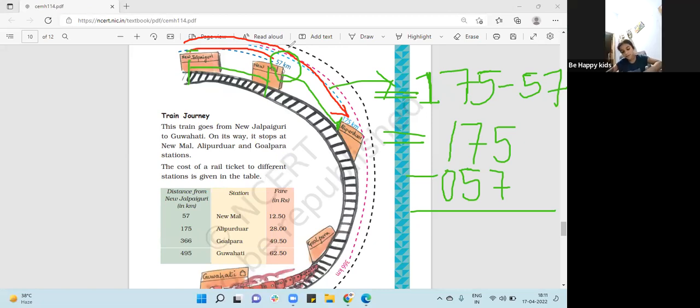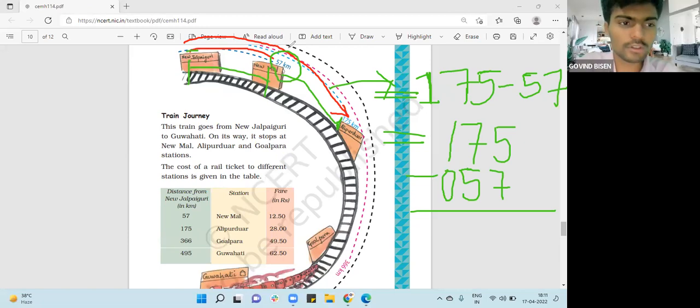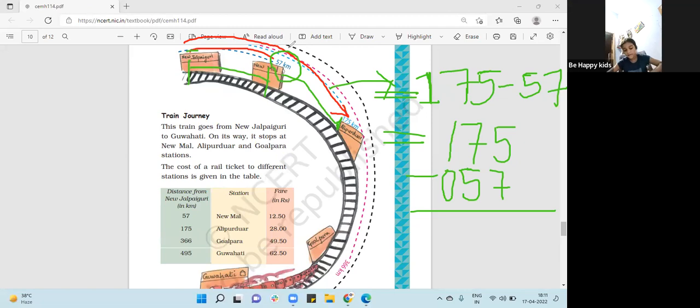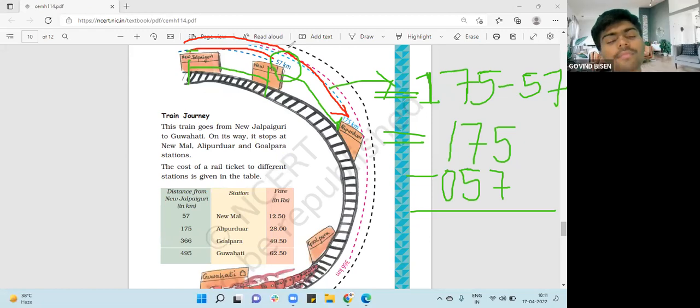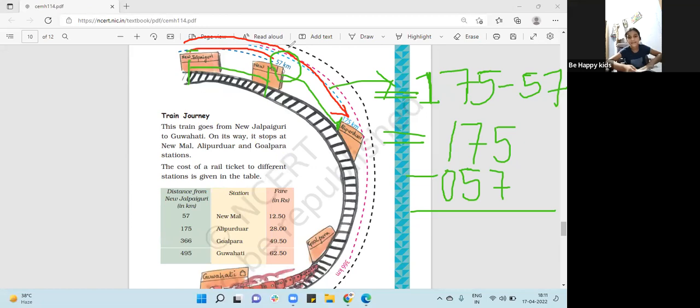Okay, sir. 7. So can you orally tell me how you did it? First, I take 5. We cannot do 5 minus 7. Next, I borrow 1 from 7, so 7 became... and it will be 15.